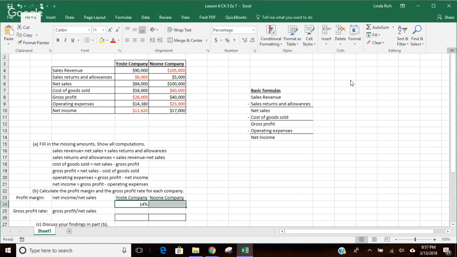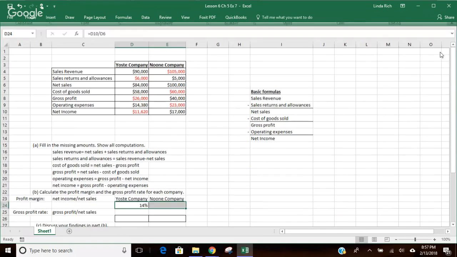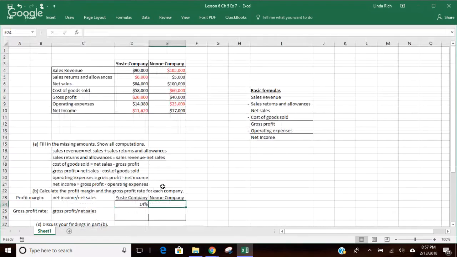Okay, and then for the next company, I can't think of another way to say that, it's also going to be equal to net income divided by net sales, and that's 17%.